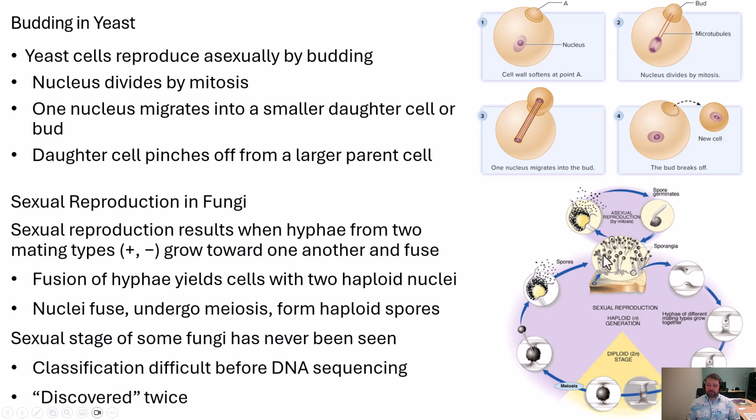We've now been able to go back and look at some things that we classified as, this is one type of mushroom and this is another type of hyphae, and we didn't put two and two together that they were the same species until we looked at the DNA and found out, oh look, this is the hyphae of this mushroom, and this mushroom is just the sexual reproduction of this hyphae.